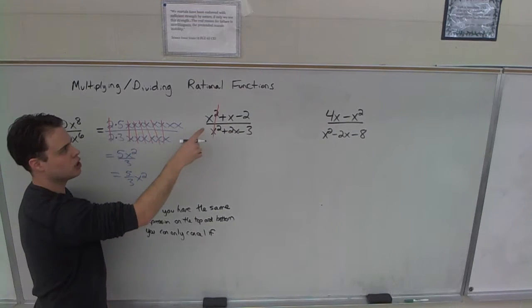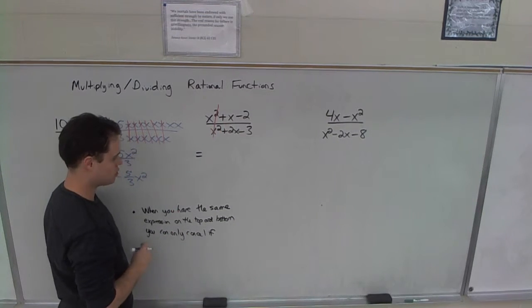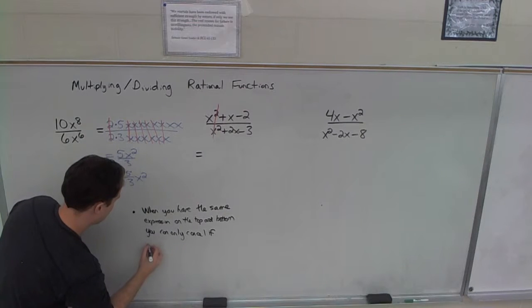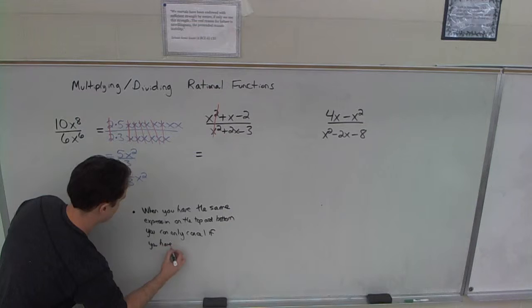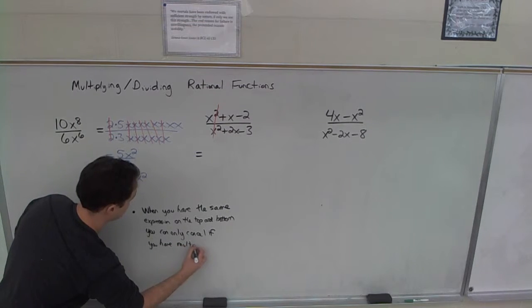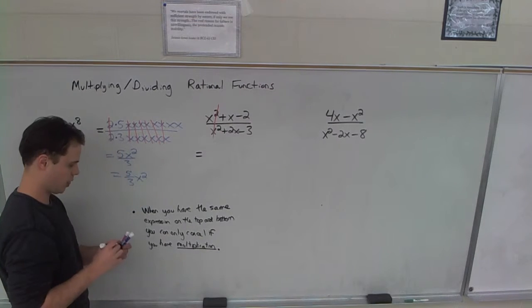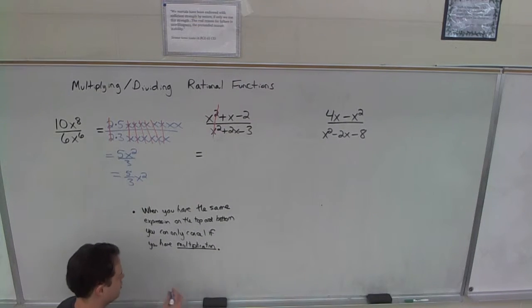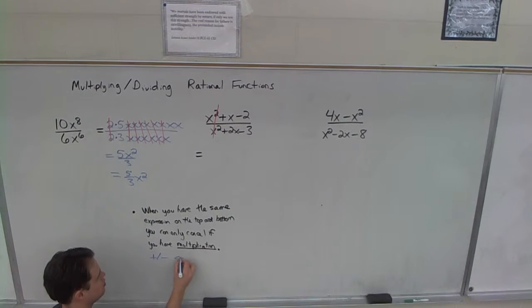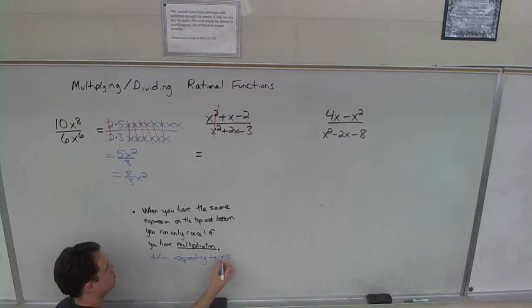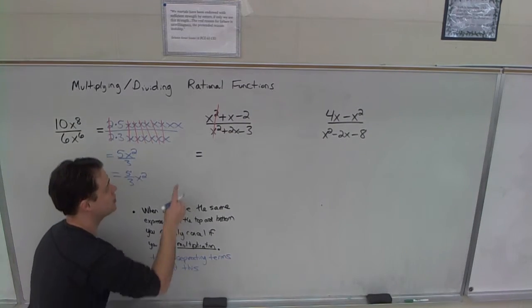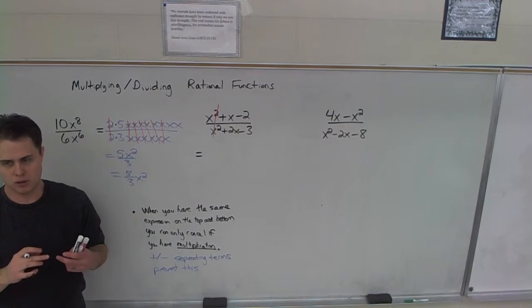Multiplying. Here, there's pluses and minuses in the way. So you can only cancel if you have multiplication. Or division, it will work with too. But I'm going to write it as multiplication. Pluses or minuses separating terms prevent this. If you've got plus and minus separating things, you cannot cancel.